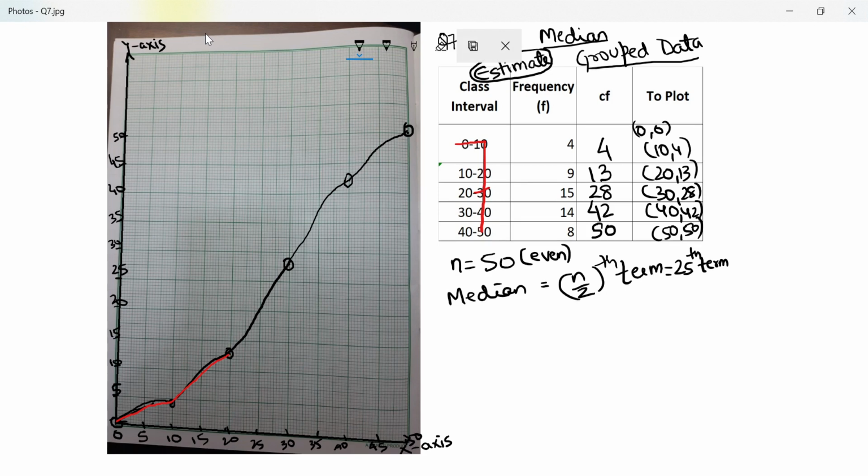For that, I will go up to 25 and draw a perpendicular from 25 onto my ogive. Now, is this 25 my frequency or my class interval? This is frequency. So I will go up to 25 on the frequency axis and draw a perpendicular. Like I've said earlier, this software does not allow me to use a scale, so I am drawing freehand.